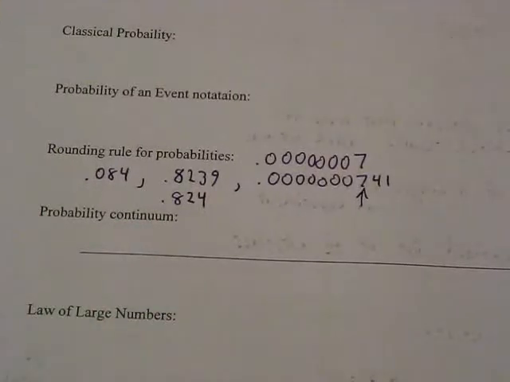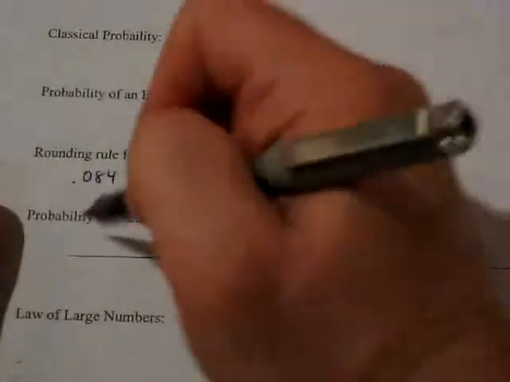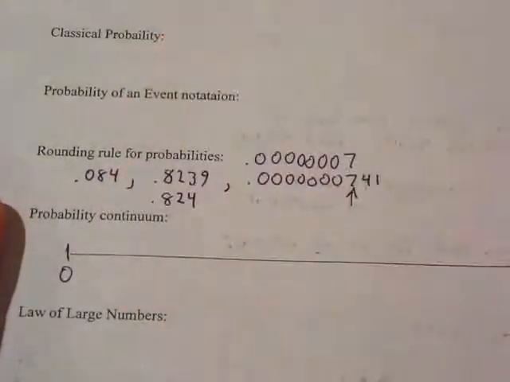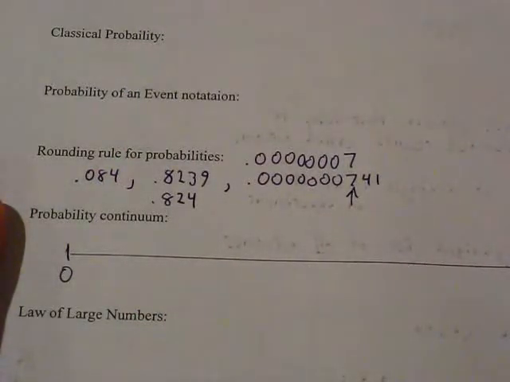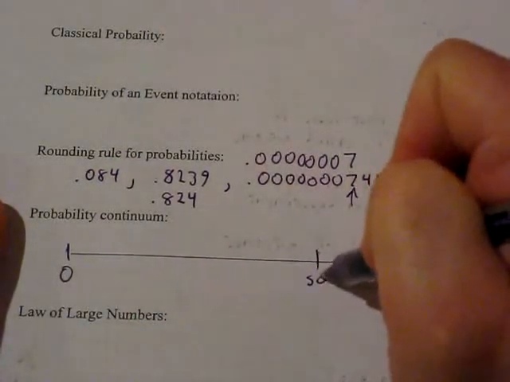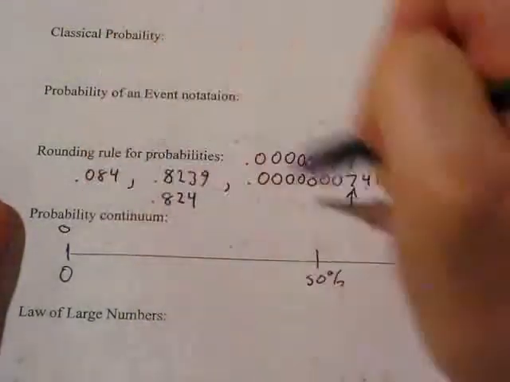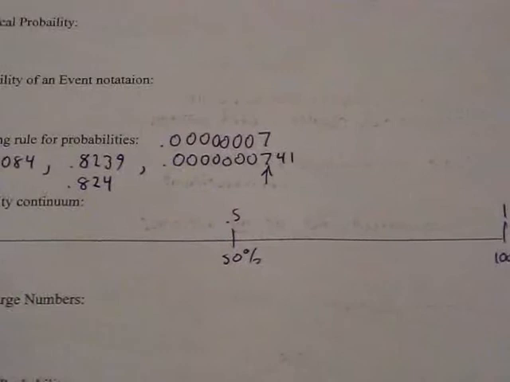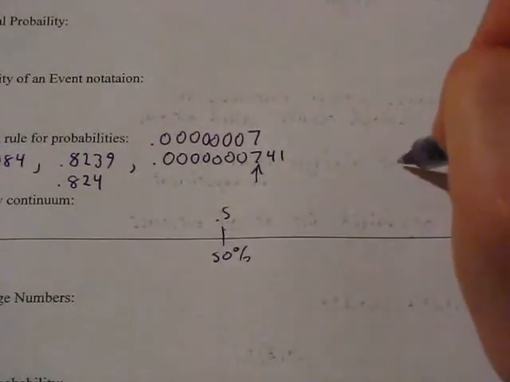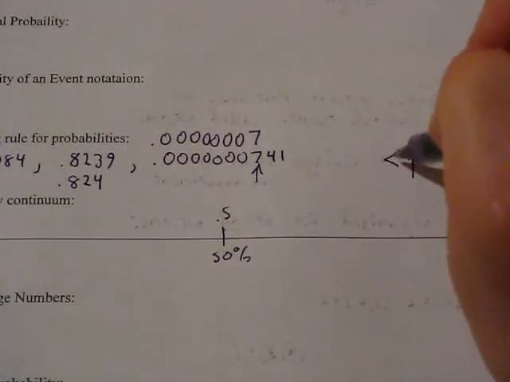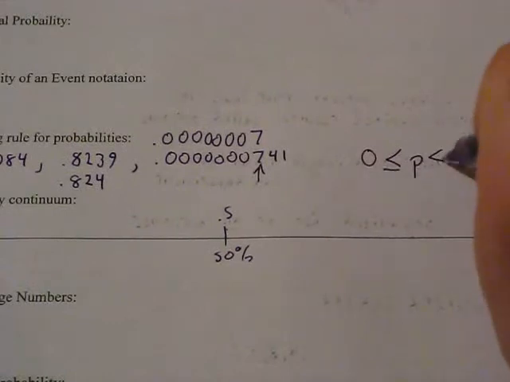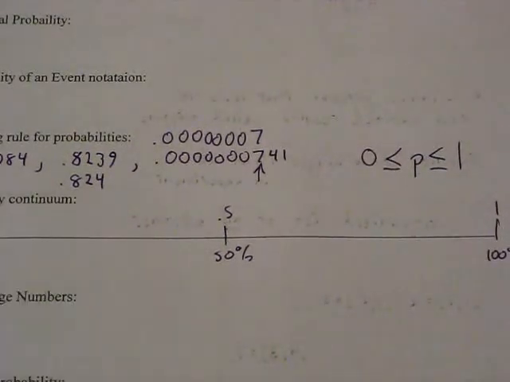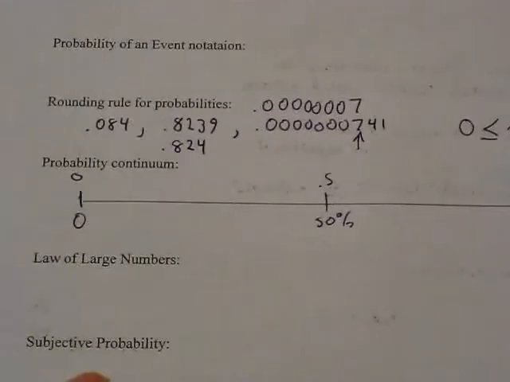Okay, and then we're going to move to the probability continuum. The probability continuum goes from 0% to 100%, and in the middle is 50%. In decimals, that would be 0.5 and 1. So the probability continuum is anywhere between 0 and 1. Your probability will never be below 0% and never be above 100%.